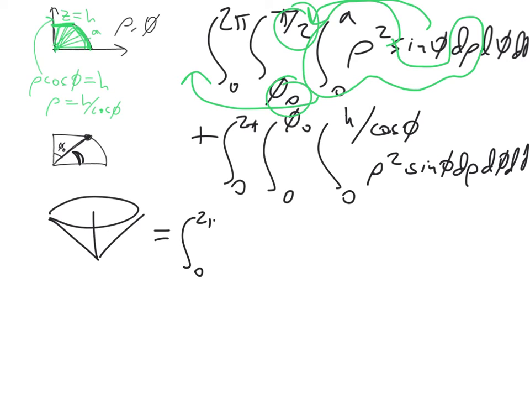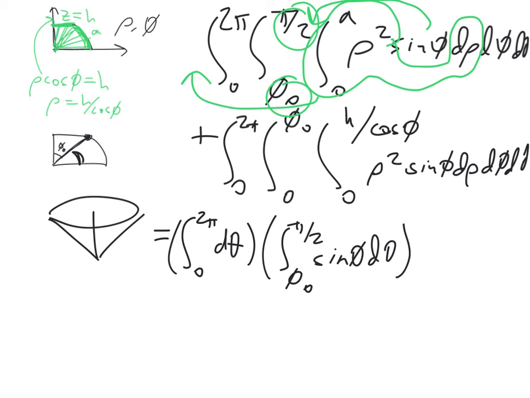So we have an integral from 0 to 2 pi d theta, an integral from phi naught to pi over 2 sine phi d phi, and an integral from 0 to a rho squared d rho. Okay. Then for the bottom integral, we're in this case where phi is in one of the bounds, and so even though once we integrate with rho, there's still going to be a phi coming in from those bounds.